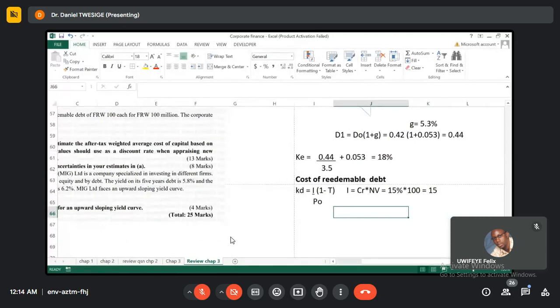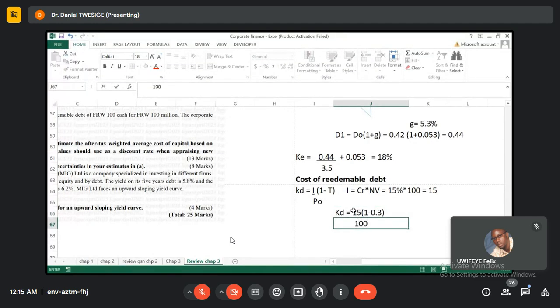So tax, we have it in this question. Tax is given. Yeah, the examiner put us into a lot of trouble. So we are going to have this equal to I, which is 15, into 1 minus 0.3. Then I divide by 100.